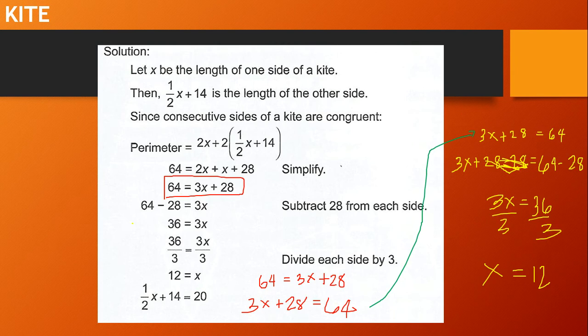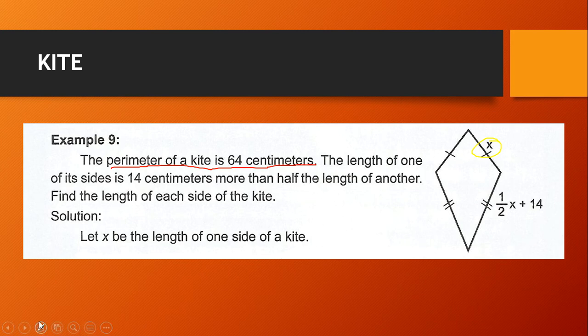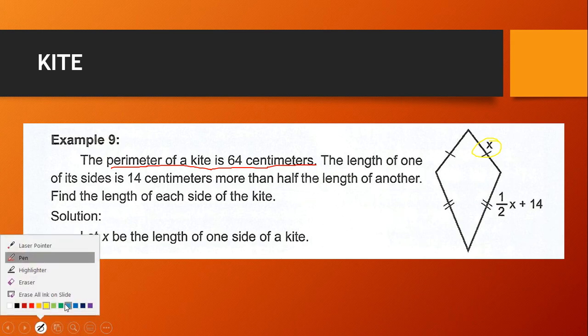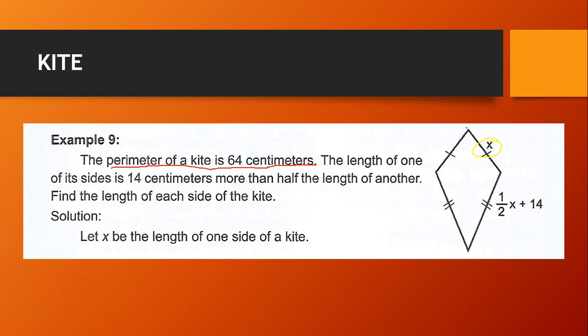Therefore, x is 12. Okay, dahil nga atong i-change kaninga side o kaninga side mo ni x. So it means the x is equals 12. So kung 12 dire, 12 pod dire.